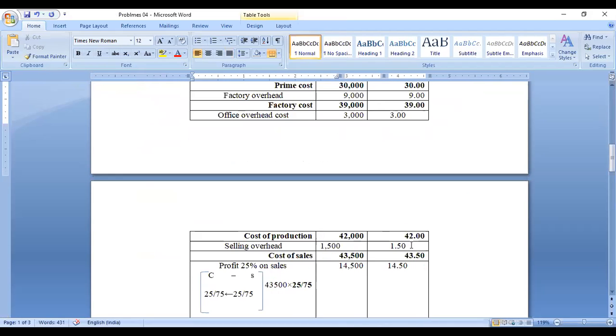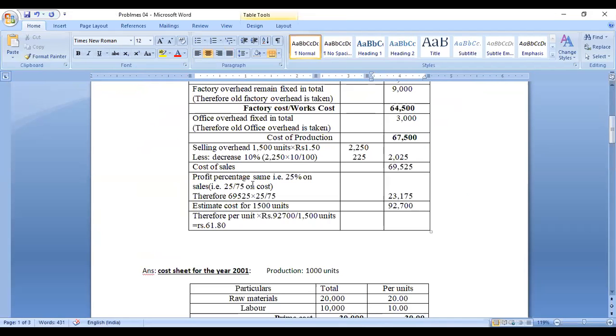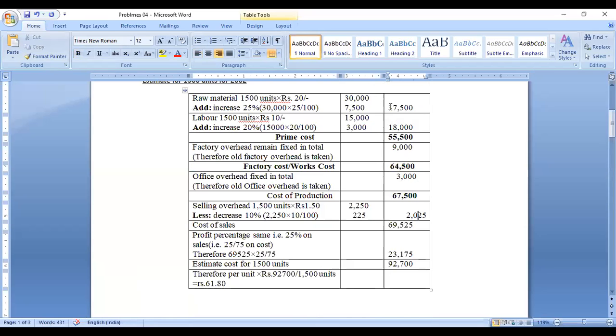This calculation is 1.50. So multiply 1,500 into 1.50, 2,250. Then 10 percent of this 2,250 is a decrease. Decrease means you have to deduct. So 2,250 minus 225 arrives at 2,025. So the selling and distribution cost is calculated.